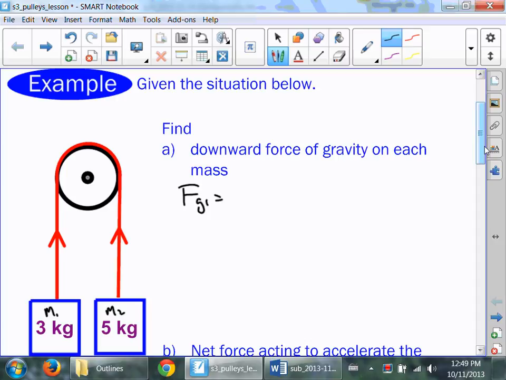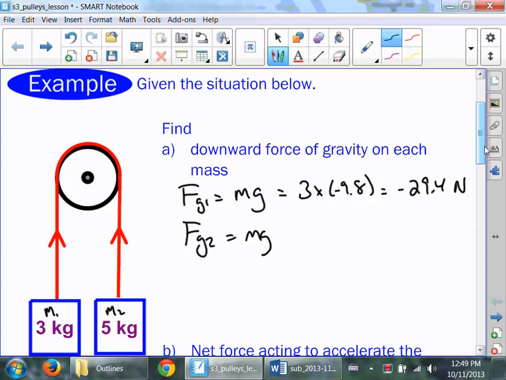Fg1, the force of gravity on the first one, would just be M times G, which would be 3 times negative 9.8, which is negative 29.4 newtons, right? And the second one, same deal, mg, but this time 5 times negative 9.8, and that's going to be negative 49 newtons. Okay?